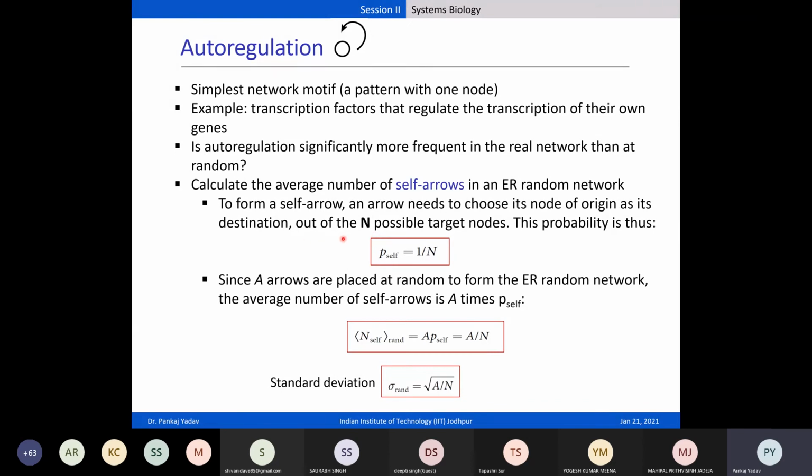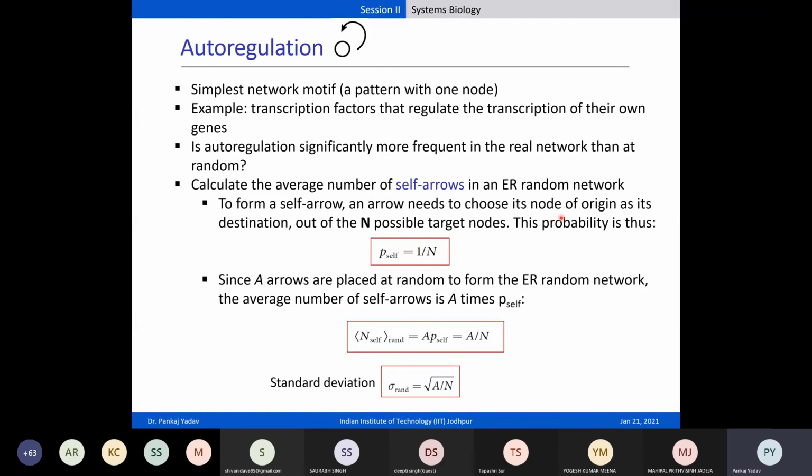Now let's say I start from a node. How many possibilities are there to draw an arrow? We will have n different possible targets. If we start from a given node, and there are n nodes in the network, the probability of a self arrow is 1 by n, because each node has equal chance of being connected from this node.